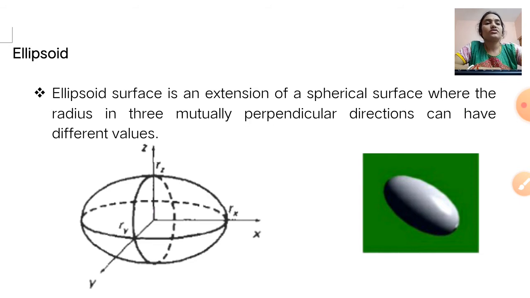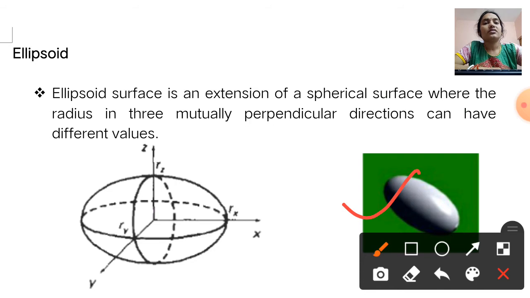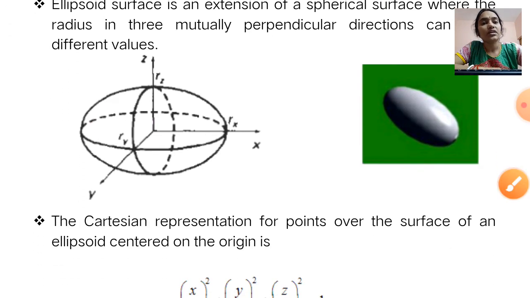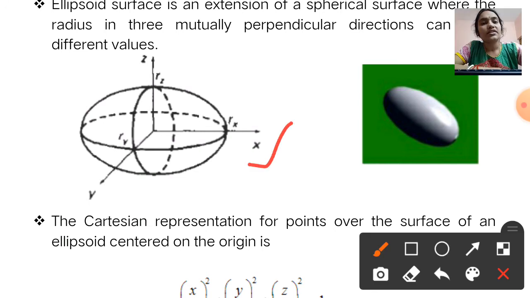This is an example of a solid ellipsoid in geometrical form. Here this is your x axis, this is your y axis, and this is your z axis. This point is your rx, this point is your rz, and this point is your ry.